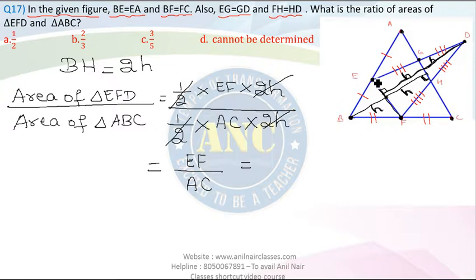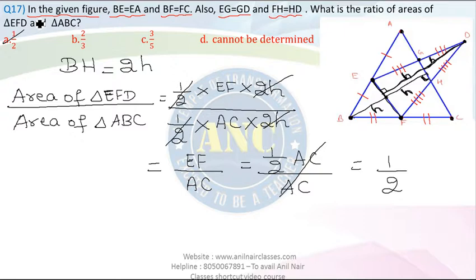So EF is half of AC divided by AC, so it is 1 by 2. The ratio of triangle EFD to triangle ABC is 1:2, which is my option A.